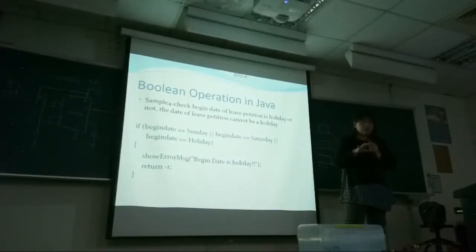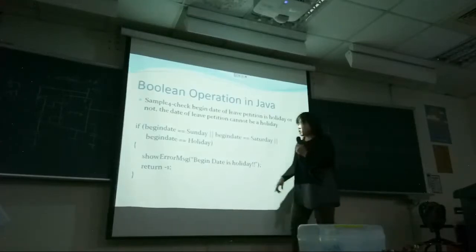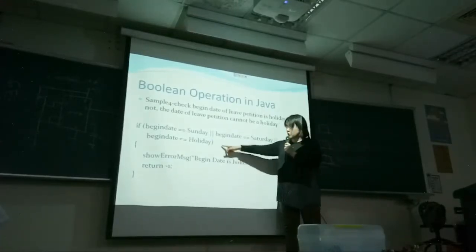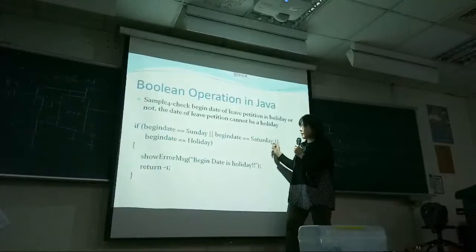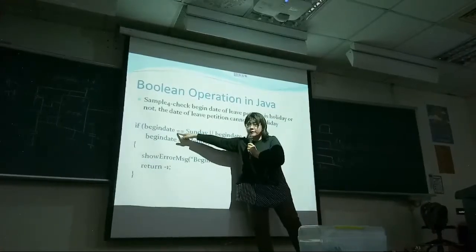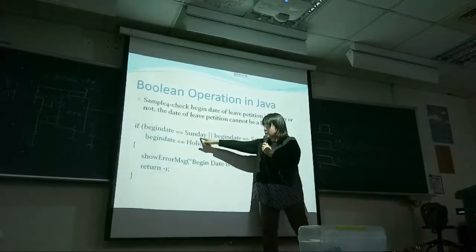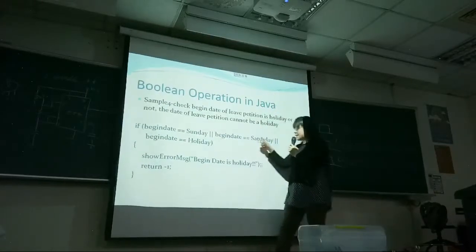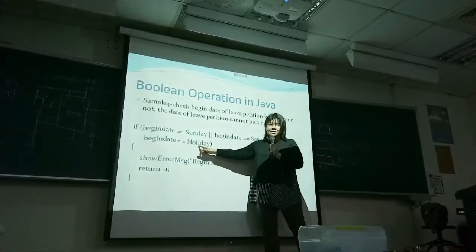In the program, there are many checks. So if you want to check something, you will use boolean here. The begin time of the leave petition is Sunday, or is Saturday, or holiday.